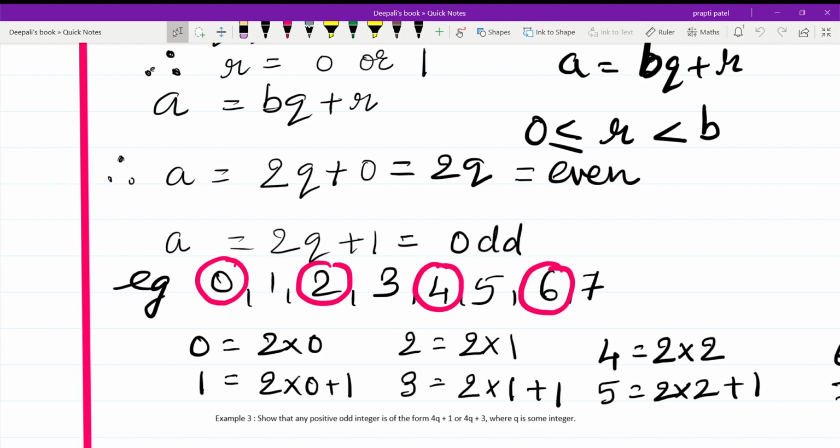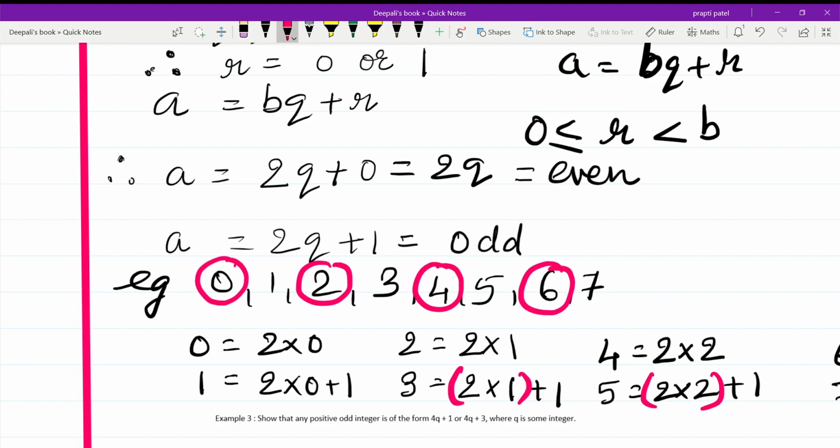Let us check with a few examples. Now we know 0, 2, 4 and 6 are even numbers. 1, 3, 5, 7 are odd numbers. Now 0 is equal to 2 into 0. 1 is equal to 2 into 0 plus 1, that is an odd number. 2 is equal to 2 into 1. And 3 is equal to 2 into 1 plus 1, which gives me an odd number.